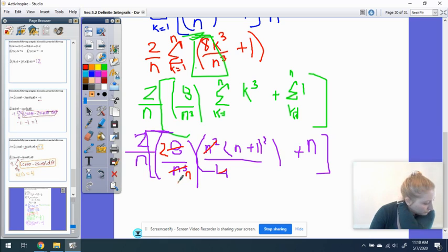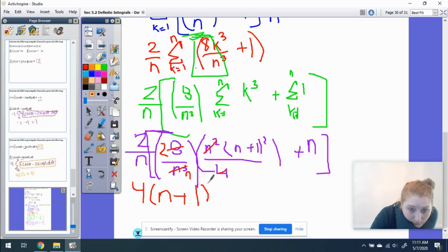So in essence, what I'm going to end up having here is 2 times 2 is 4 times n plus 1 squared, all divided by n times n, which would be n squared.